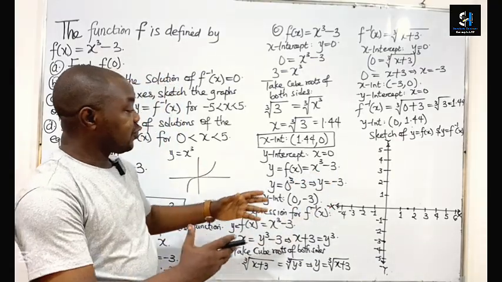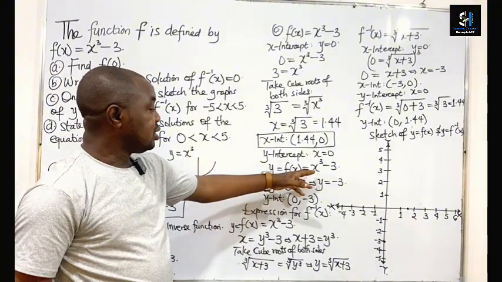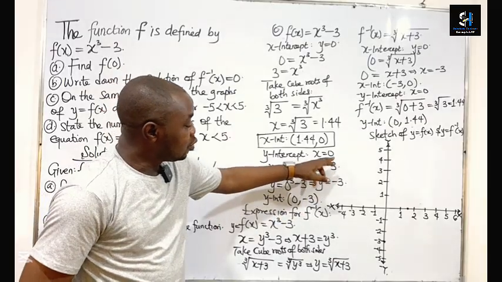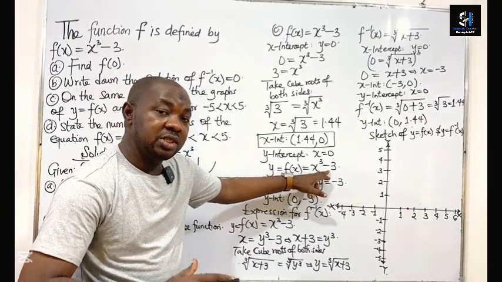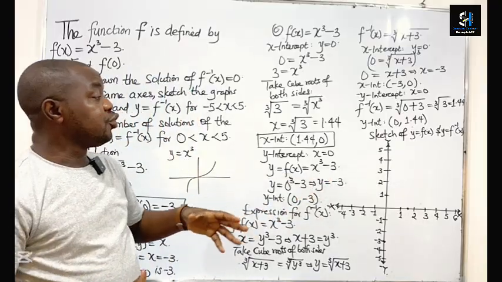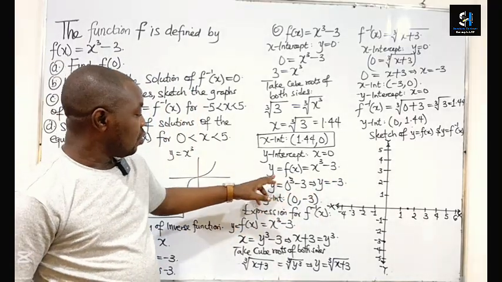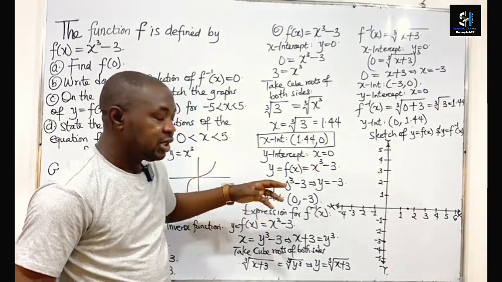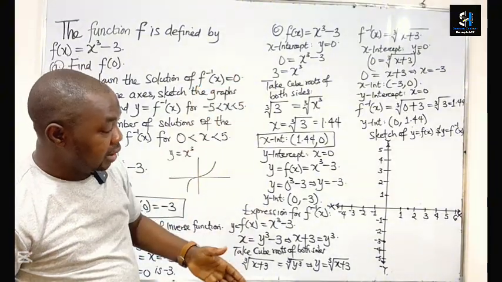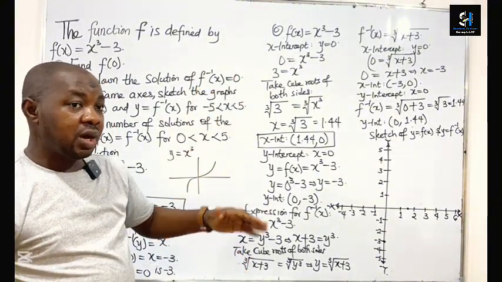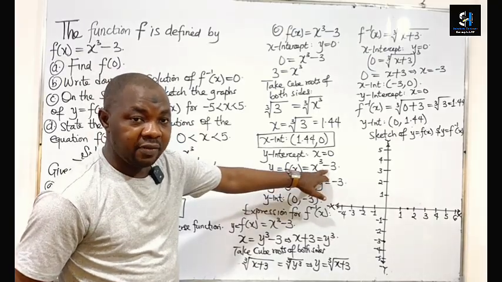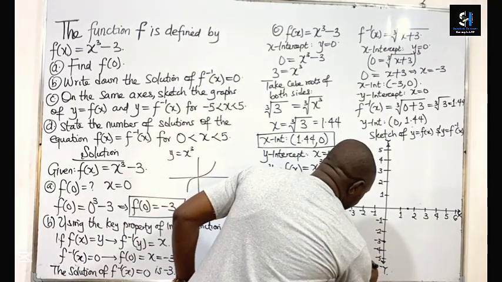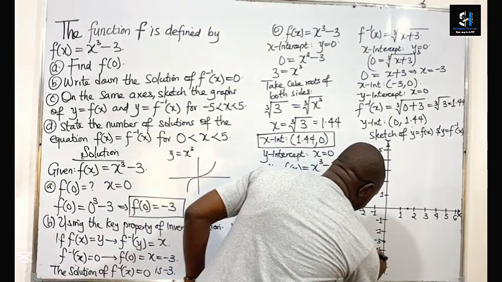The transformation is that the parent function y equals x cubed shifts down vertically by 3 units. Down takes a negative value, and up takes a positive value. So I'm going to go this way.